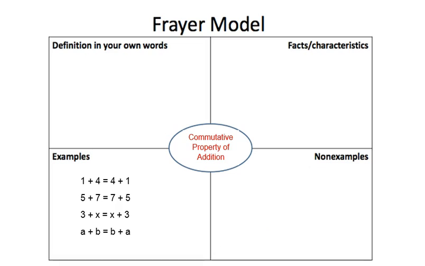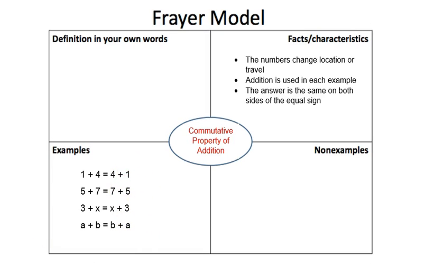Our next property is called the commutative property of addition. And I've provided examples, once again, of this property. So go ahead, pause the video, and up in the upper right-hand corner box, write any characteristics that you see that each one of these have in common. The characteristics that I saw that they each had in common is that the numbers changed location or traveled in each problem.